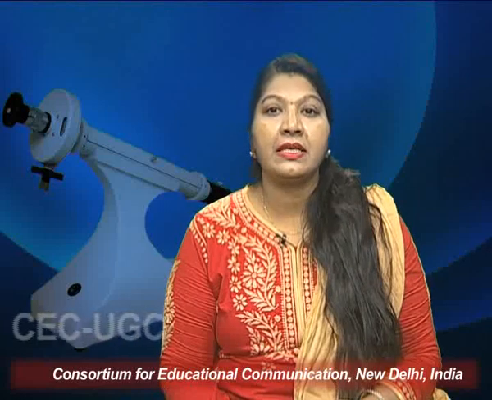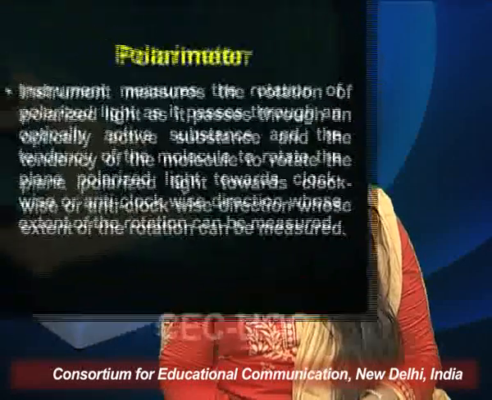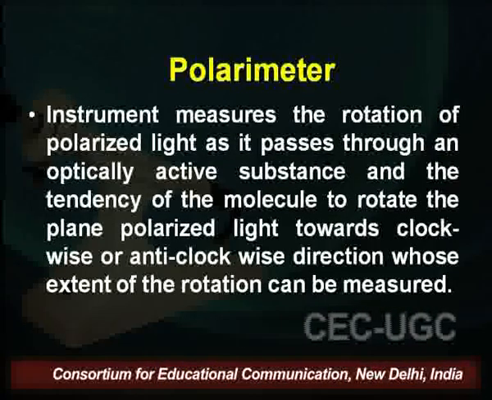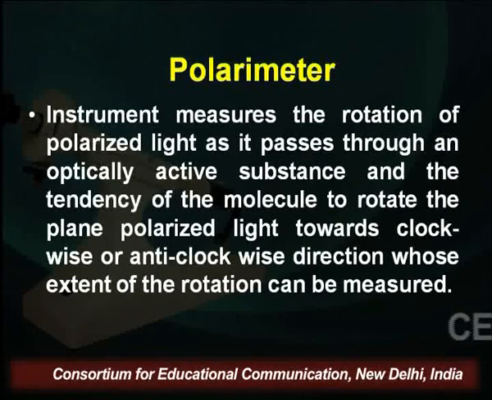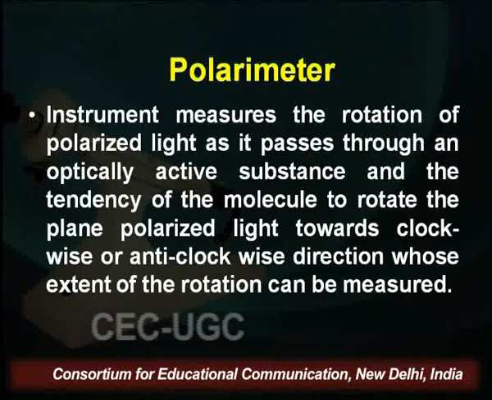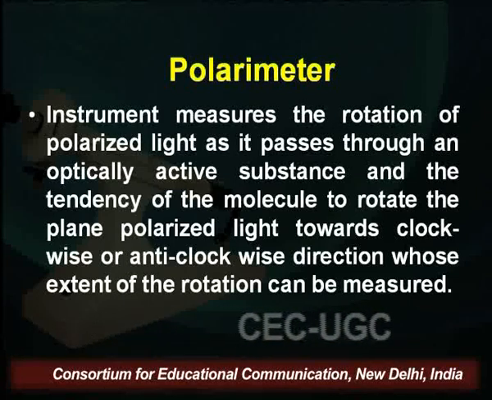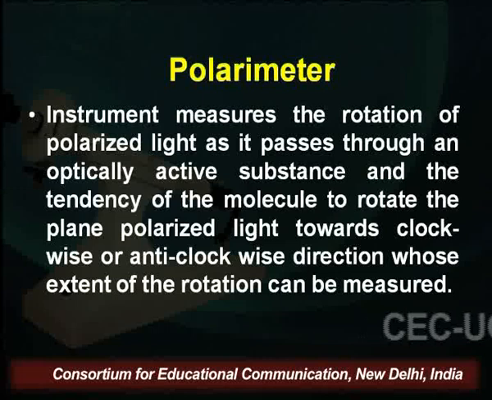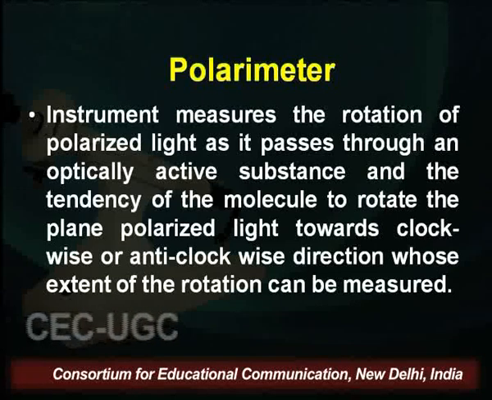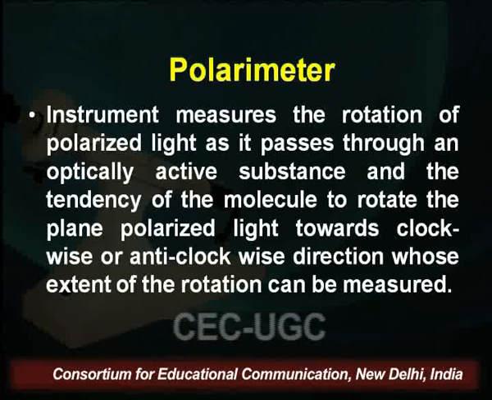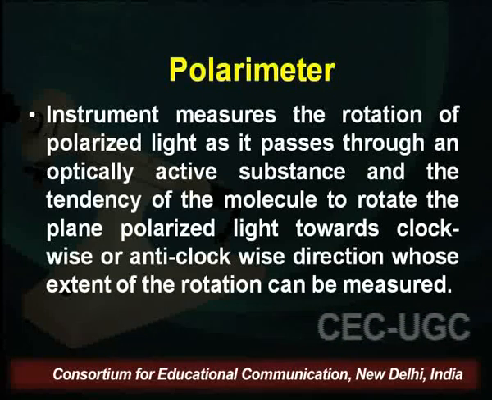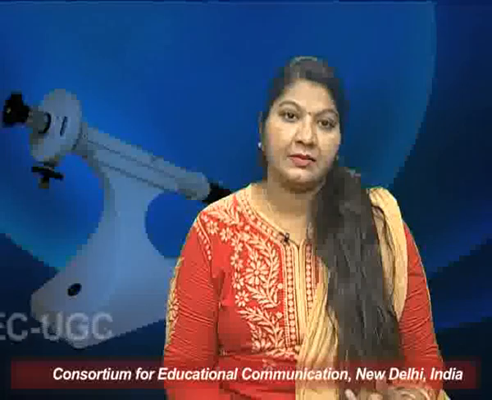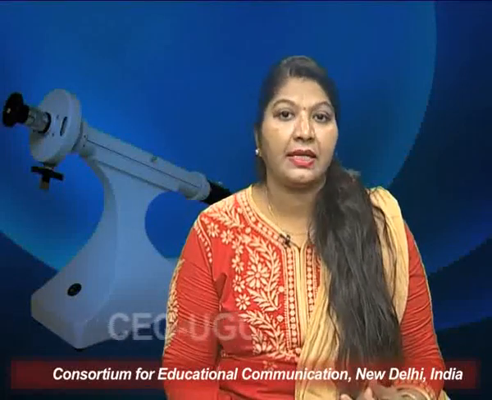This instrument measures the rotation of the polarized light as it passes through the optically active substance, and the tendency of the molecule to rotate the plane polarized light clockwise or anti-clockwise, whose extent of rotation can be measured. It means when the light passes through the optically active substance, the molecule will rotate the plane polarized light, and the emergent light will be clockwise or anti-clockwise.